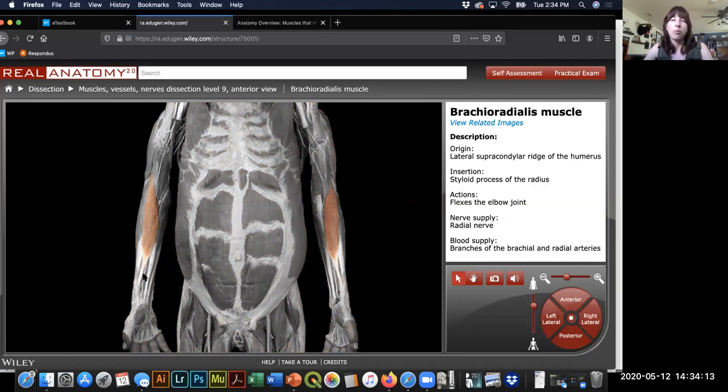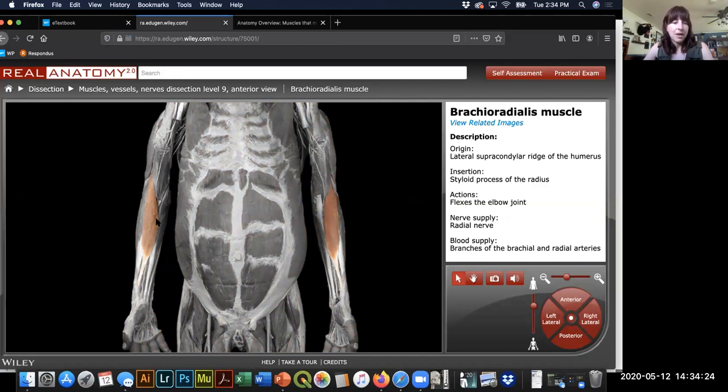The Brachioradialis is this superficial muscle of the arm associated with the elbow joint and the thumb that is covering the radius, okay? So hence the name, Brachioradialis. It's covering the radius of your lower arm.